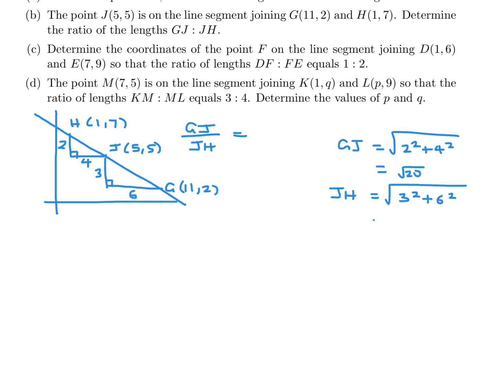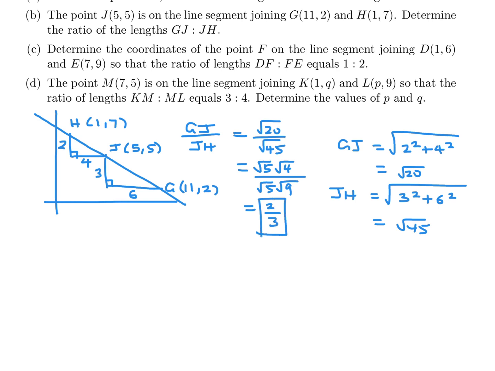So that's, I believe, root 45, right? So this ratio, therefore, is root 20 over root 45. And I think I can probably reduce that a little bit. Root 20 is root 5 times root 4, and root 45 is root 5 times root 9. So that's basically 2 over 3. And that is the answer.